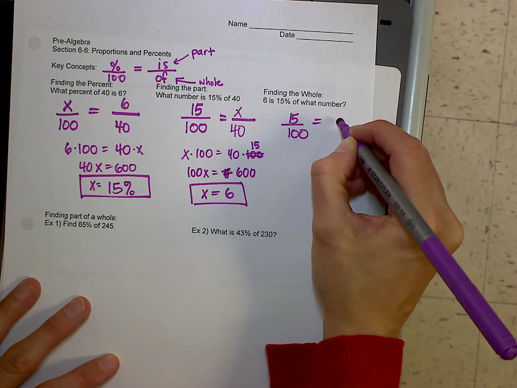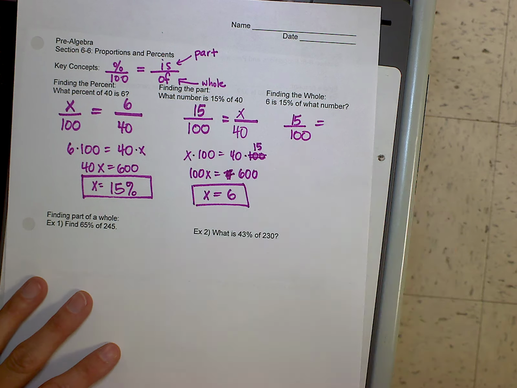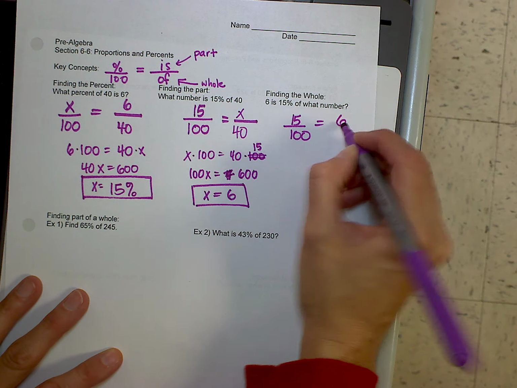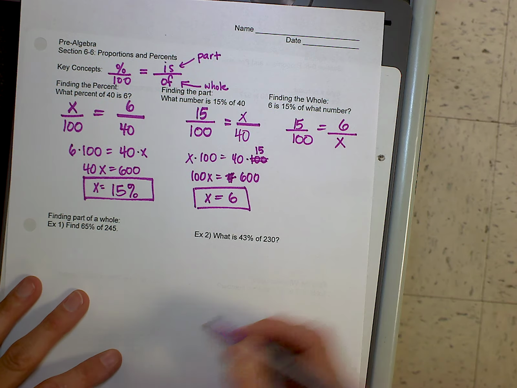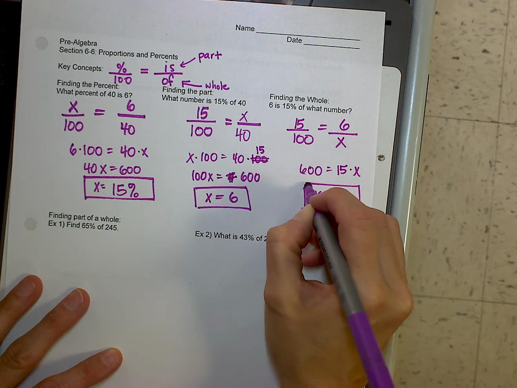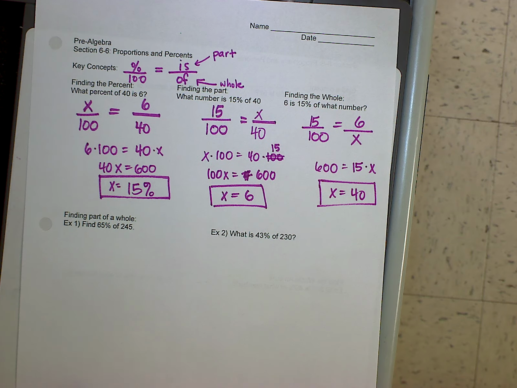I'm going to put is, and it says 6 is. Instead of is 6, it says 6 is. So that's 6 over of what number? So those were using the same three numbers. 15% of 40 is 6.